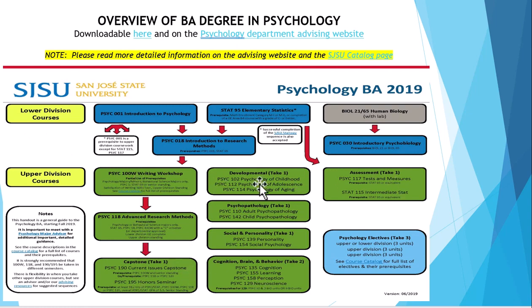Also, there is a lower division major support course, a biology course, and you're also required to complete 3 psychology electives. So that's the general overview of the major. Next, I'm going to talk more specifically about each of the major components of the degree.